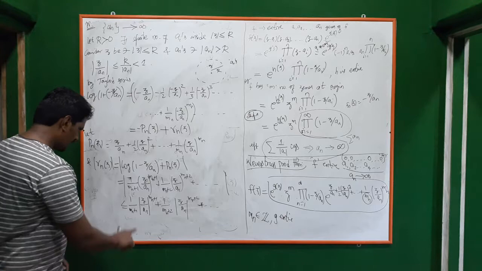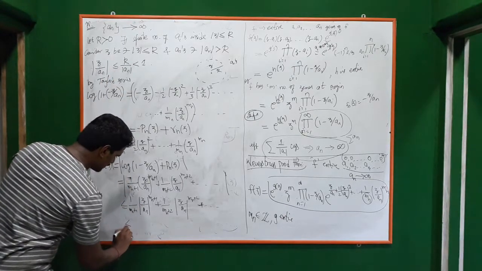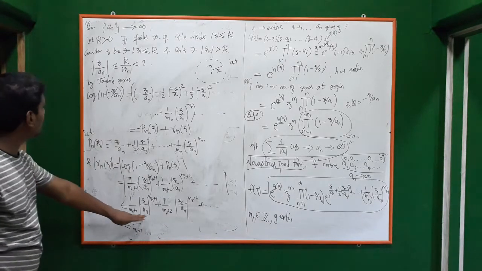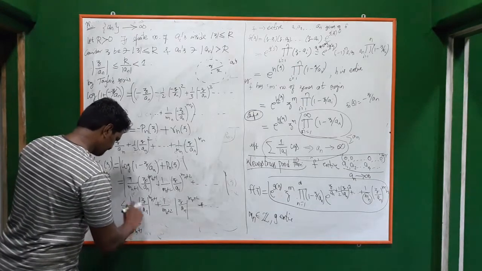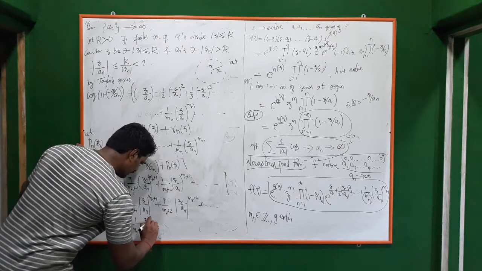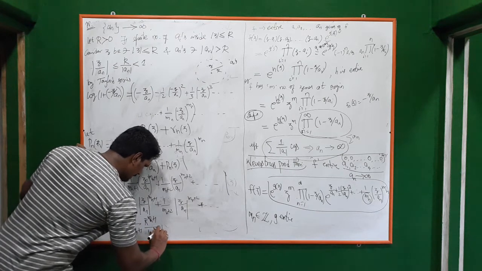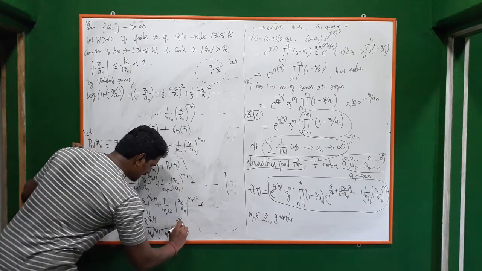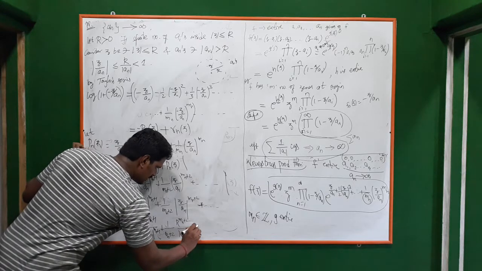In this, |z| is less than or equal to R, so this is less than or equal to (1/(m_n+1)) R^(m_n+1)/|a_n|^(m_n+1) plus (1/(m_n+2)) R^(m_n+2)/|a_n|^(m_n+2) plus and so on. We don't do anything for a_n; let it be as it is.